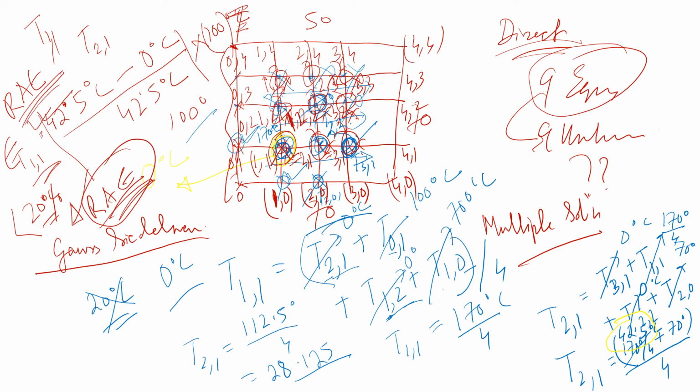So the formula of this relative absolute error is T present minus T previous, divided by T present. So T present means at the beginning of the iteration, what is the temperature that you know? And T previous means what was the temperature at the previous iteration.